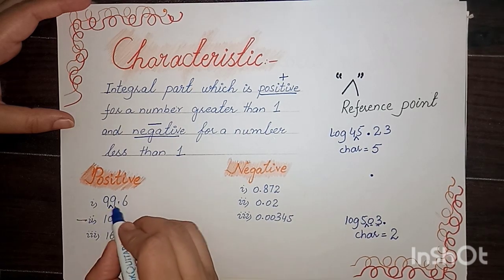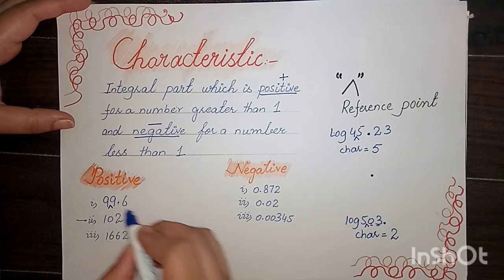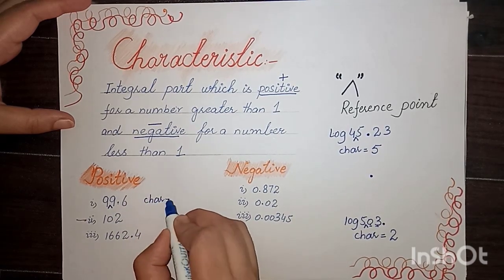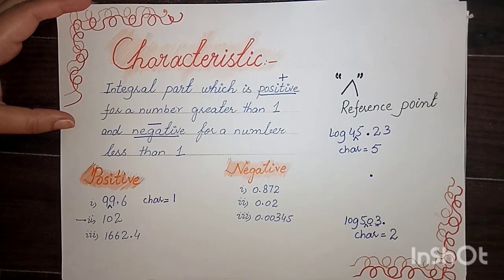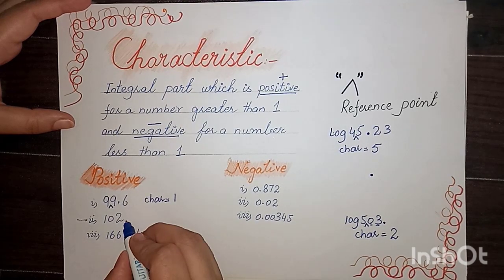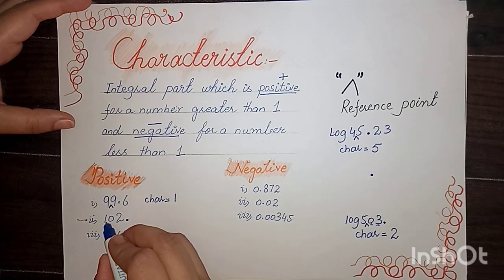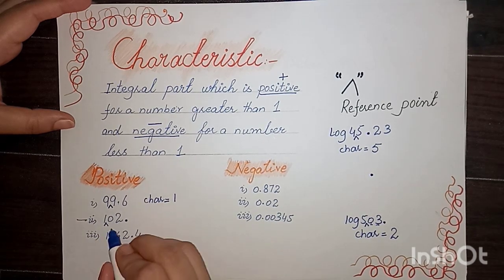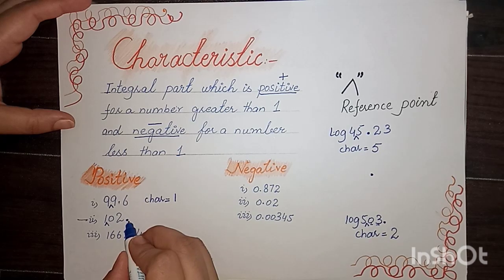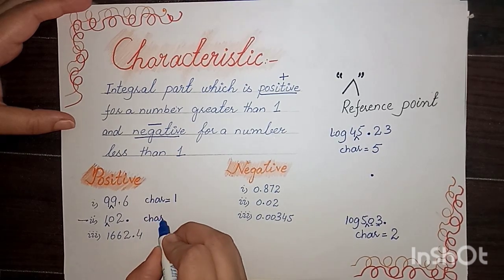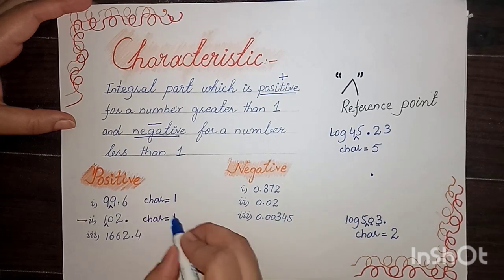The number of digits between the reference point and the decimal point is 1, so the characteristic is equal to 1. For the next number, the decimal point must be here, and we draw the reference point. In between there are 2 digits, so our characteristic is equal to 2.